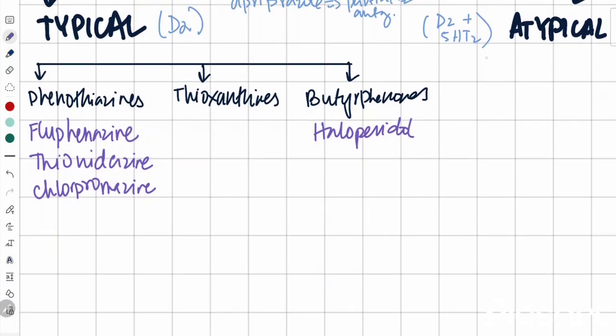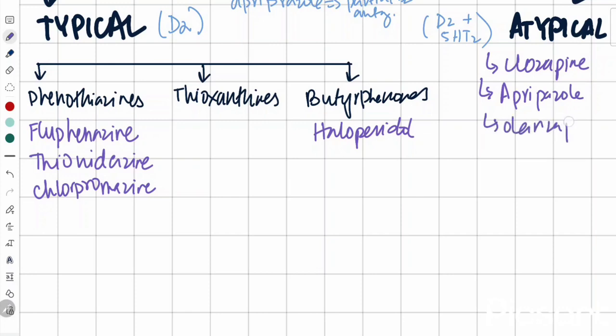Atypical are clozapine. Clozapine is used in treatment-resistant or suicidal thoughts. If a patient is having suicidal thoughts and if it is not responding to any other medicine, then we give clozapine. Then again, aripiprazole, because again it's a partial antagonist, that's why it is an atypical. And olanzapine and many others.